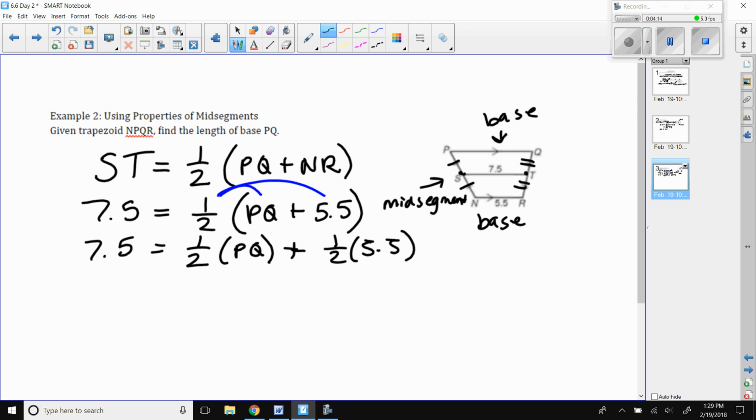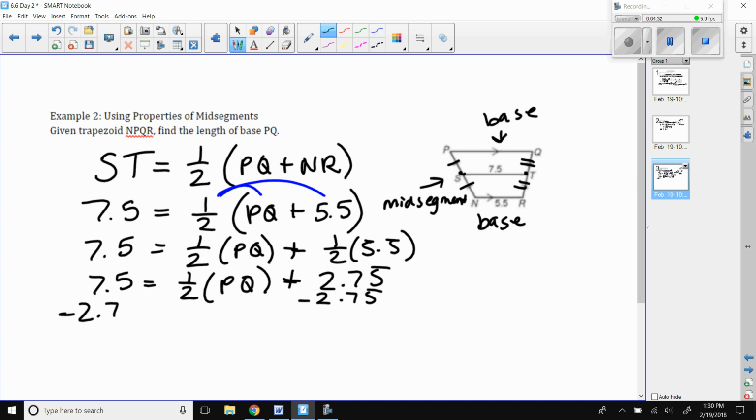So I have 7.5 equals 1/2 times PQ plus 2.75. Let's subtract this from both sides. That gives me 4.75 equals 1/2 times PQ, and we're almost there.